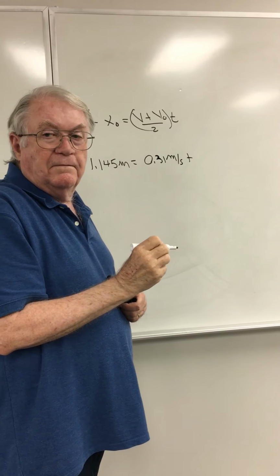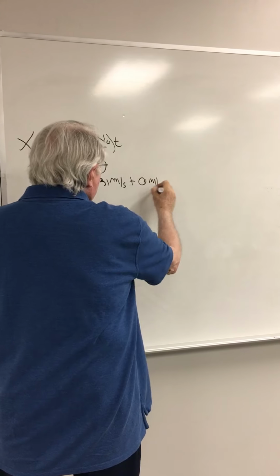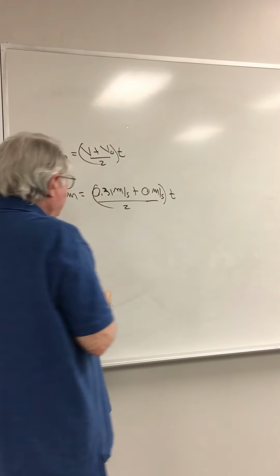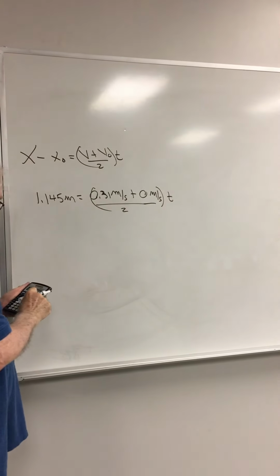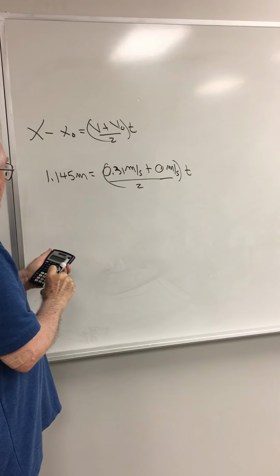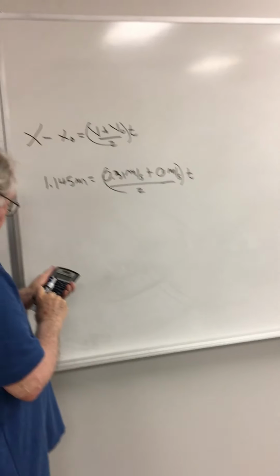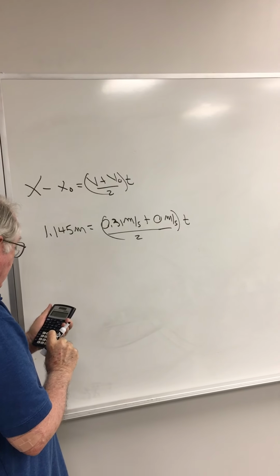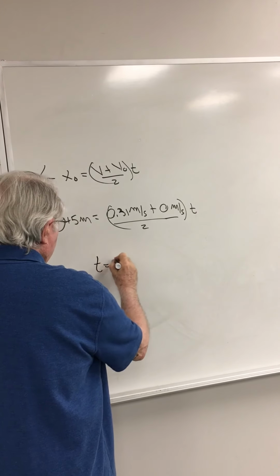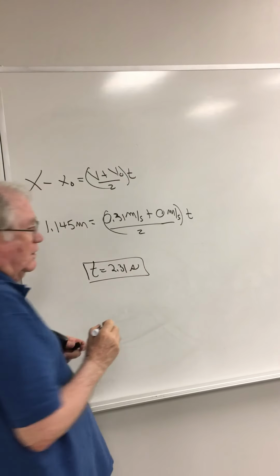Divide by 2 times the time. So it's going to be 1.145 divided by 0.155, and that time should be about 2.31 seconds. And that's the end of this experiment.